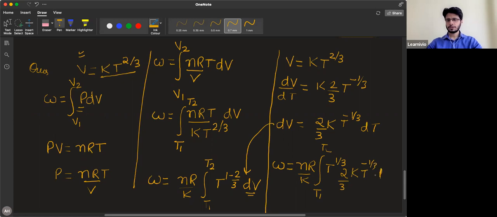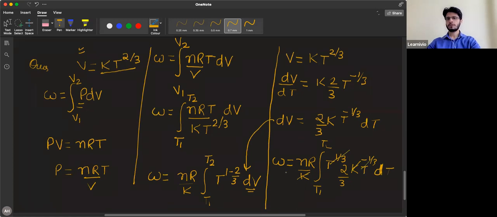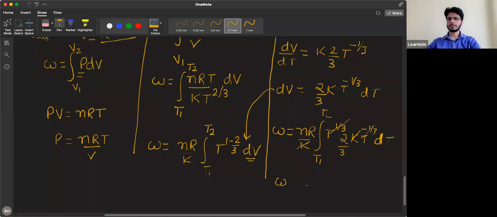Now see, this is dT. This k will cancel this k. T to the power 1 by 3 and T to the power minus 1 by 3 will get cancelled out. So you are left with only W is nR, and this 2 by 3 you can bring outside, integral from T1 to T2 of dT.